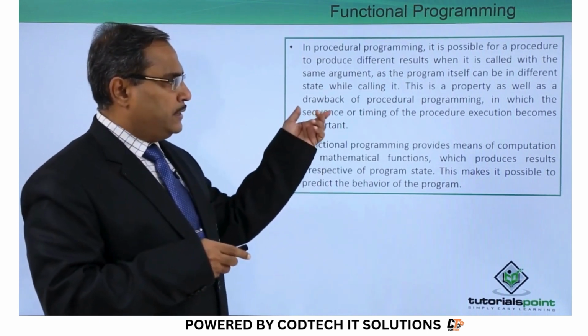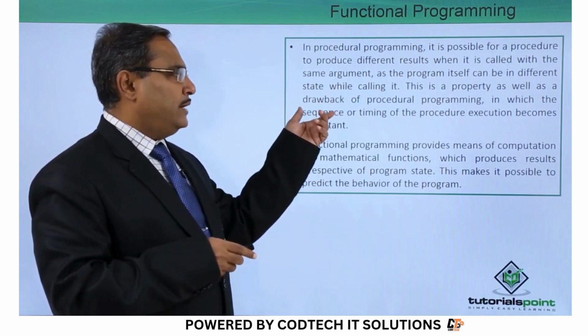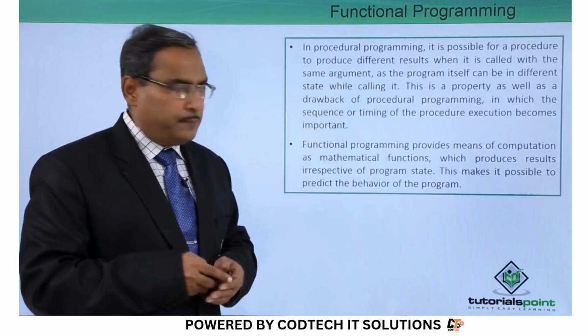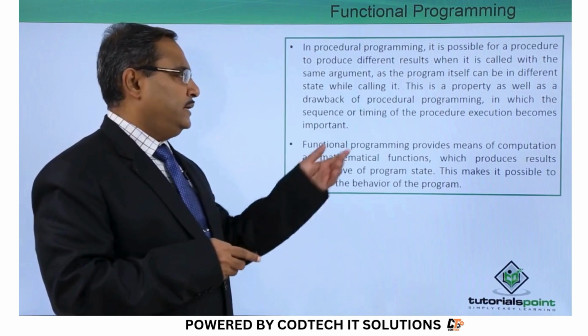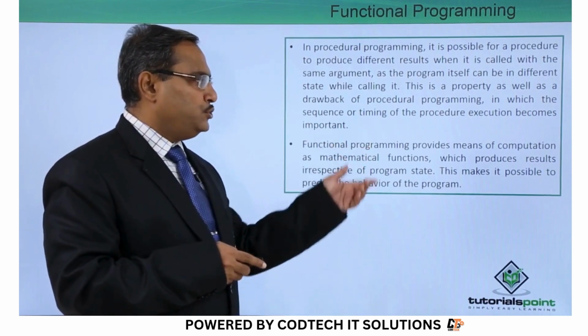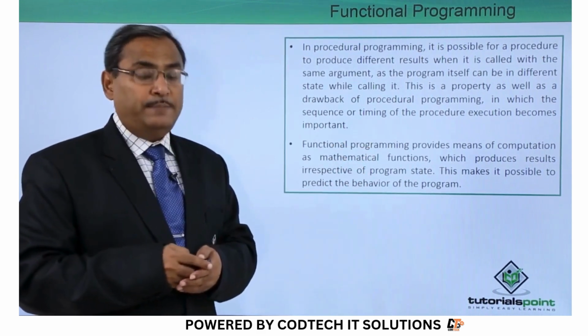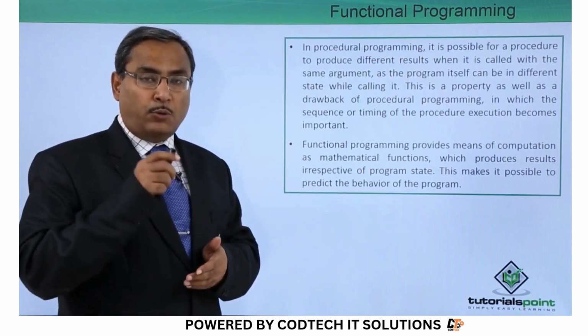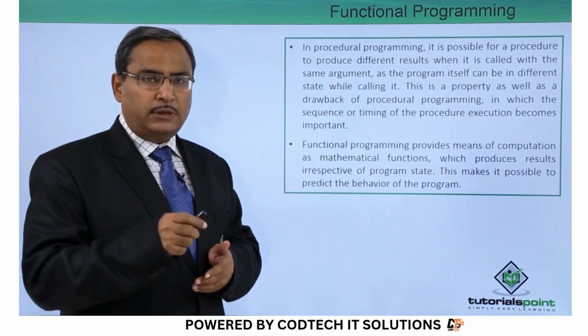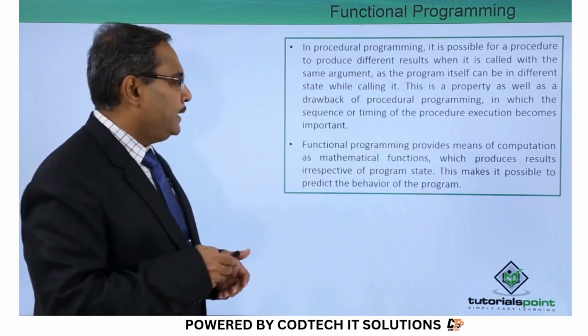This is a property as well as a drawback of procedural programming, in which the sequence or timing of the procedure execution becomes very important, and the outcome depends upon the state of the program.